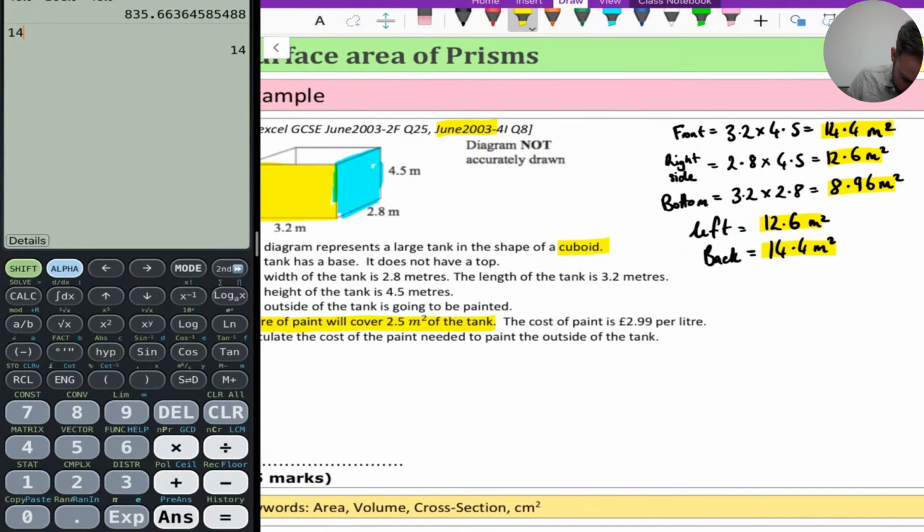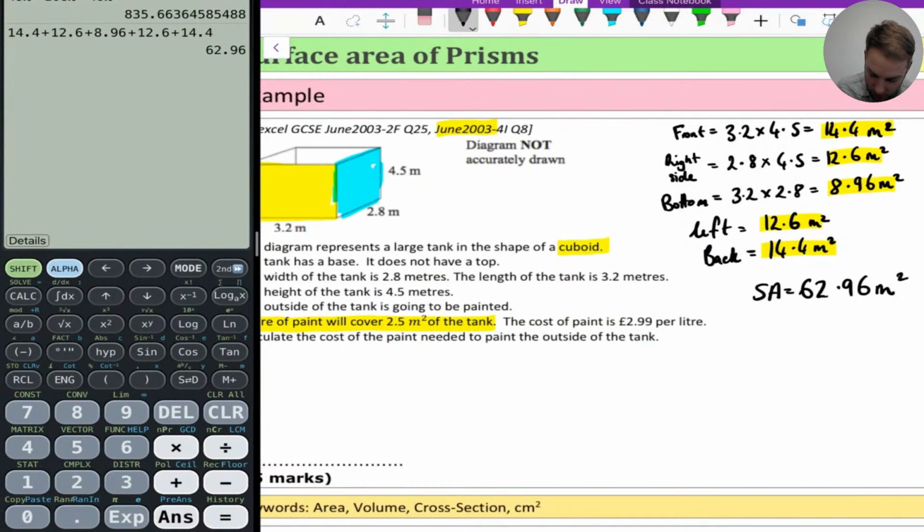It's going to be 14.4 plus 12.6 plus 8.96 plus 12.6 plus 14.4, which gives me a total surface area equal to 62.96 meters squared.